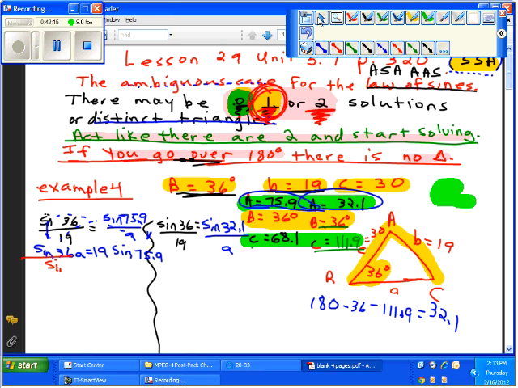We want the junk off of a, so we divide sine 36, divide sine 36. So little a for option 1 is 19 sine 75.9 divide sine 36. So we have 19 sine 75.9 close.